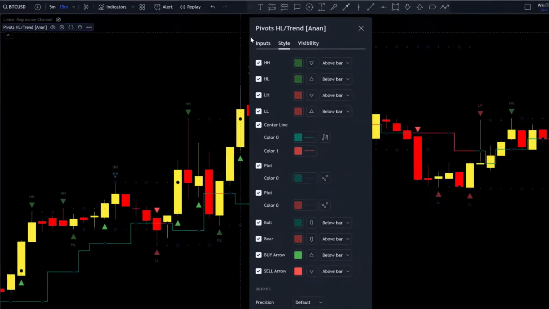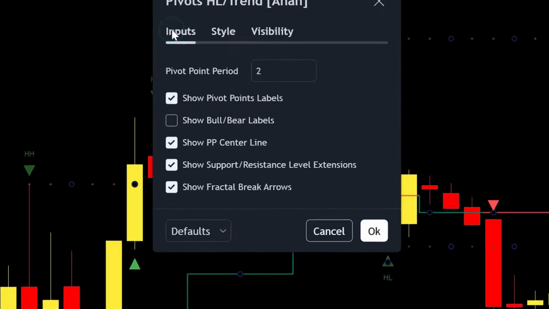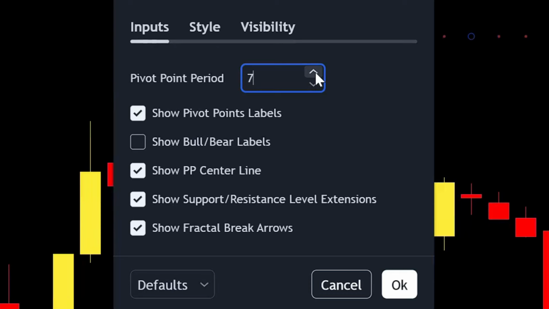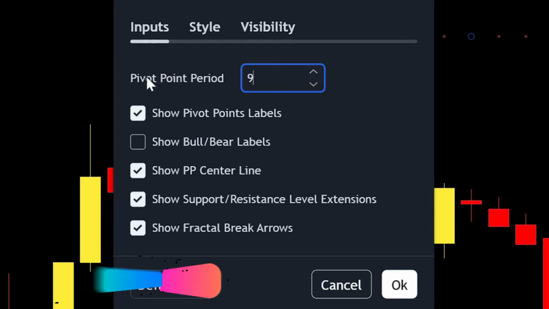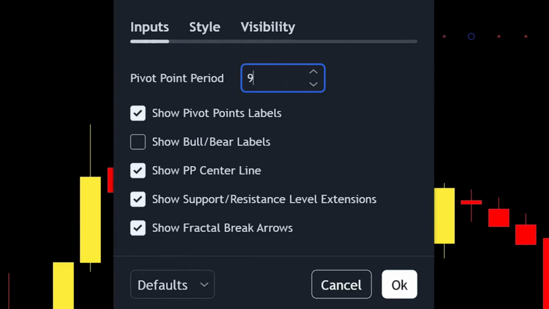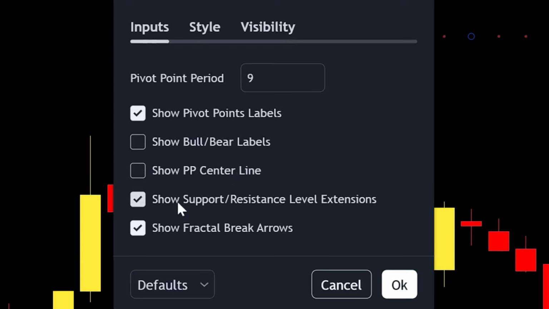But before we dive in, let's fine-tune the settings to make our analysis a breeze. Head to the settings window and in the inputs tab, change the pivot point period to 9. To keep our chart clear and easy to read, enable show pivot points labels and disable the rest.